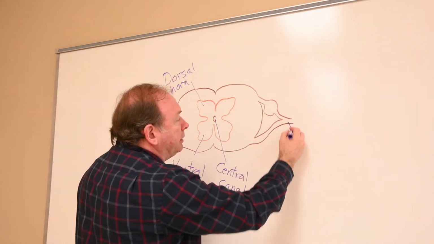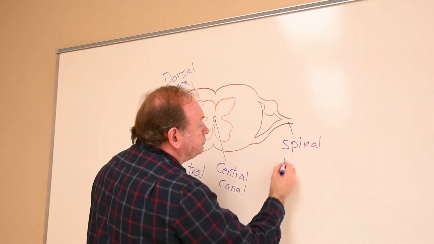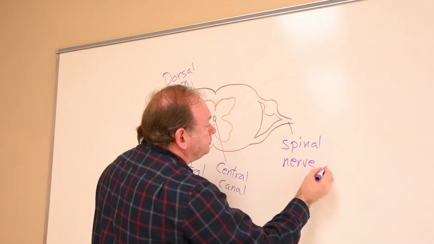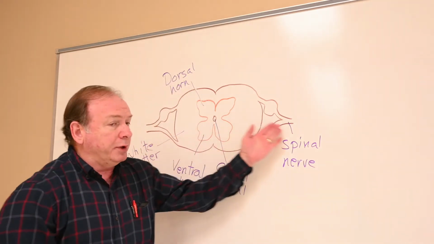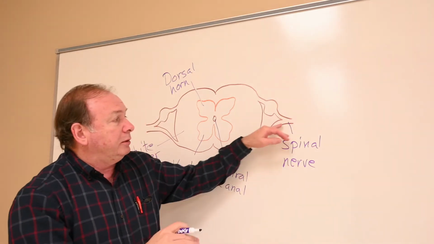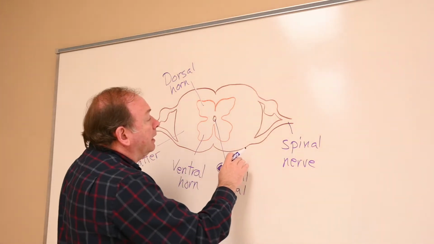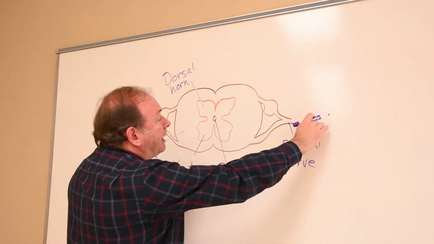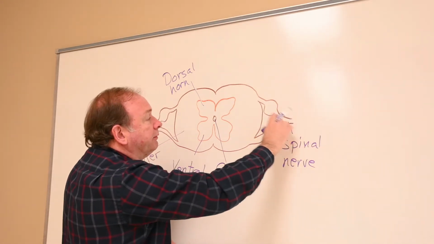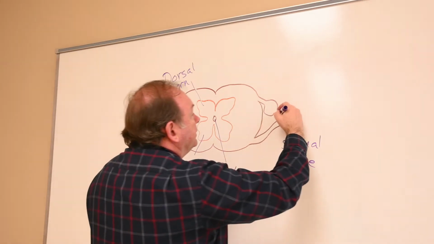This is a spinal nerve. Spinal nerves come out between vertebrae, lateral to the vertebrae. And after they come in from the periphery, they split into a dorsal branch and a ventral branch.